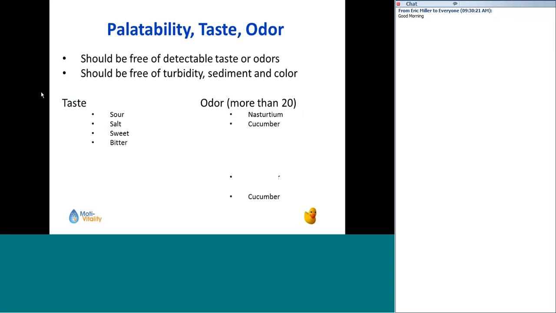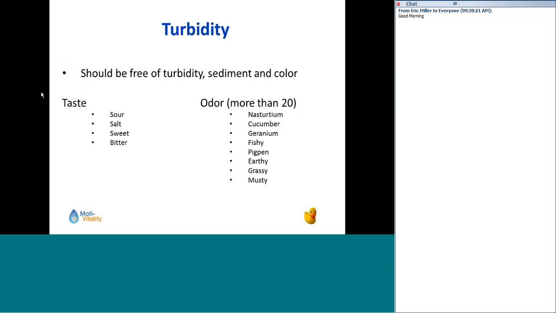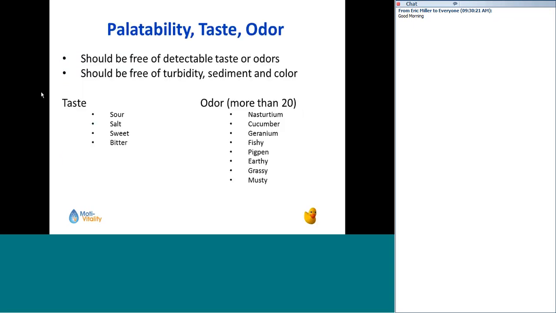Nasturtium, cucumber, geranium, fishy, pigpen, Taco Bell. Oh, no, that one's not one of the official ones. I'm sorry. Earthy, grassy, musty. Taco Bell should be on there because it really does have its own distinct odor, don't you think?